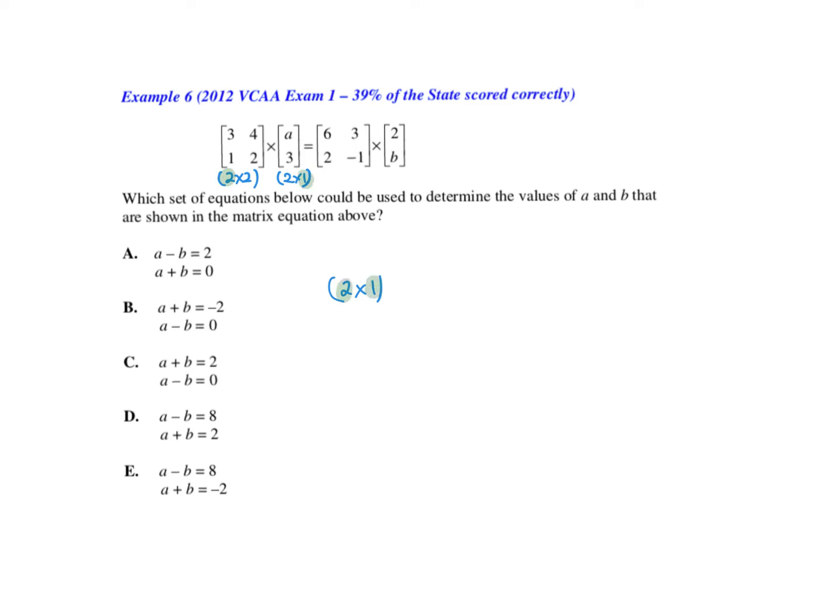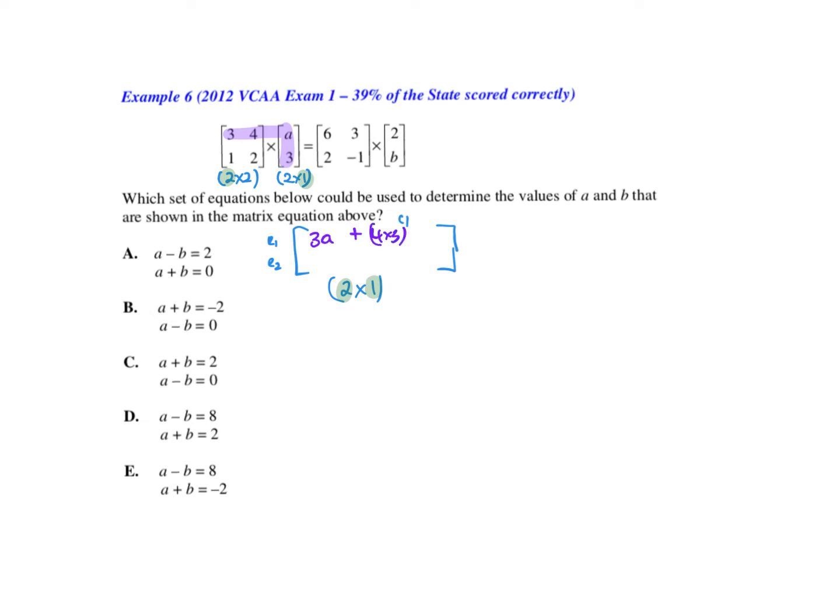So I'm going to fill in that answer here. I'm going to have 2 rows, row 1 and row 2, and 1 column. If I do the first element, it will be row one by the column, so 3A plus 4 times 3.